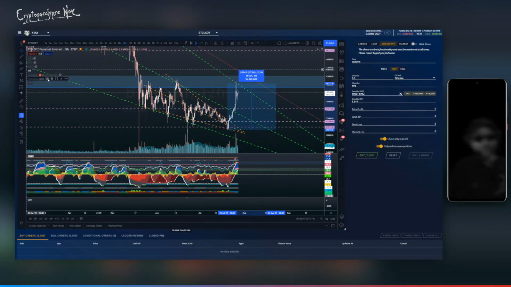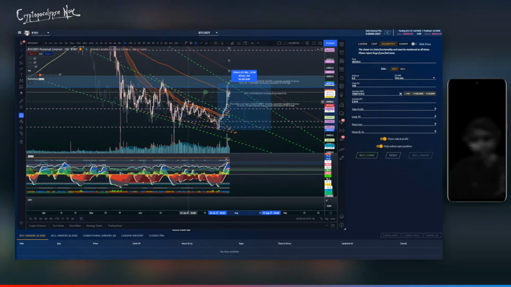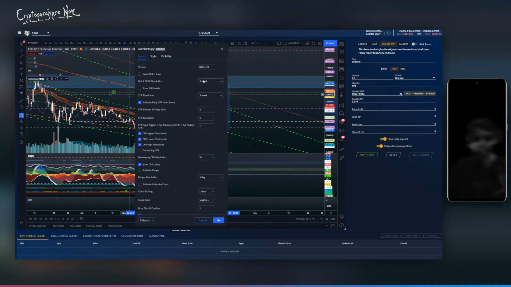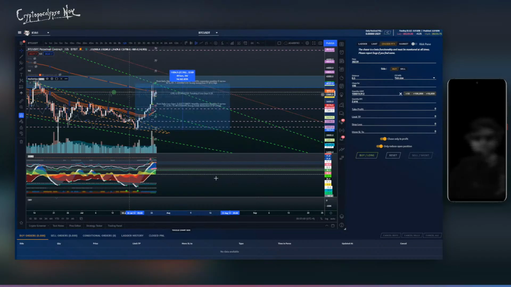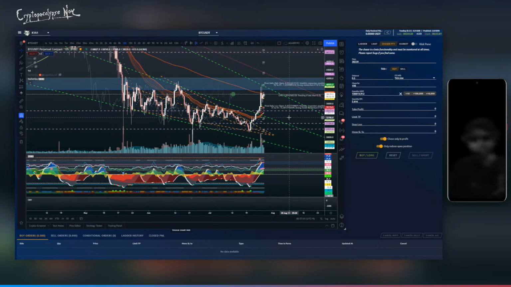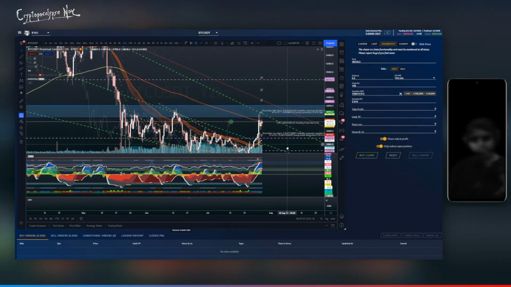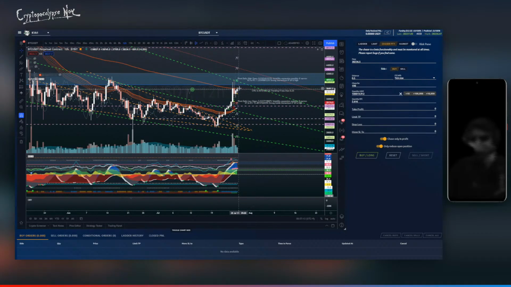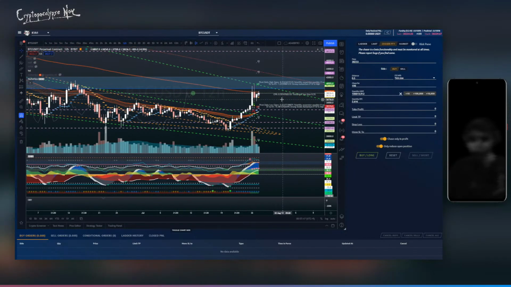So for that, we will be using DSR, and it is configured to take advantage of the weekly time frame on this USDT chart, and it is showing me that we're struggling with the 200 EMA right now, right? But that's really nothing. We're still floating above, as you can see, the yellow sign over here.